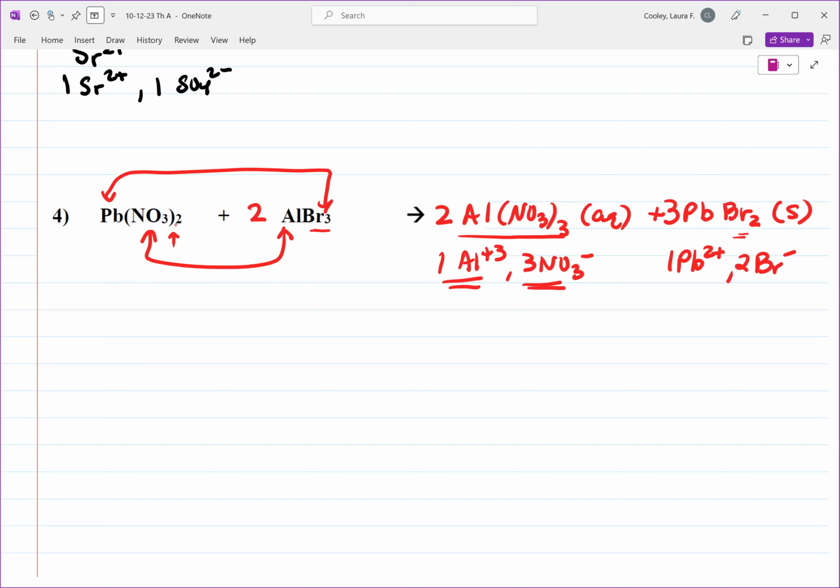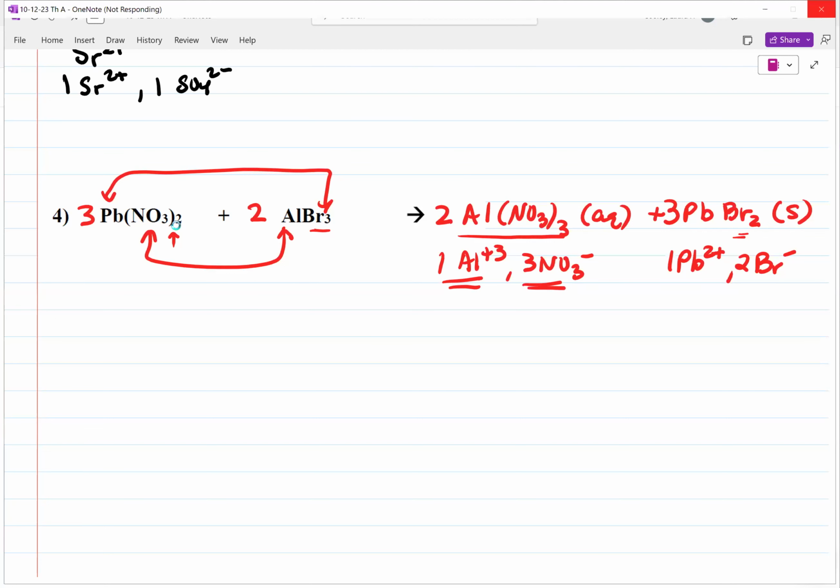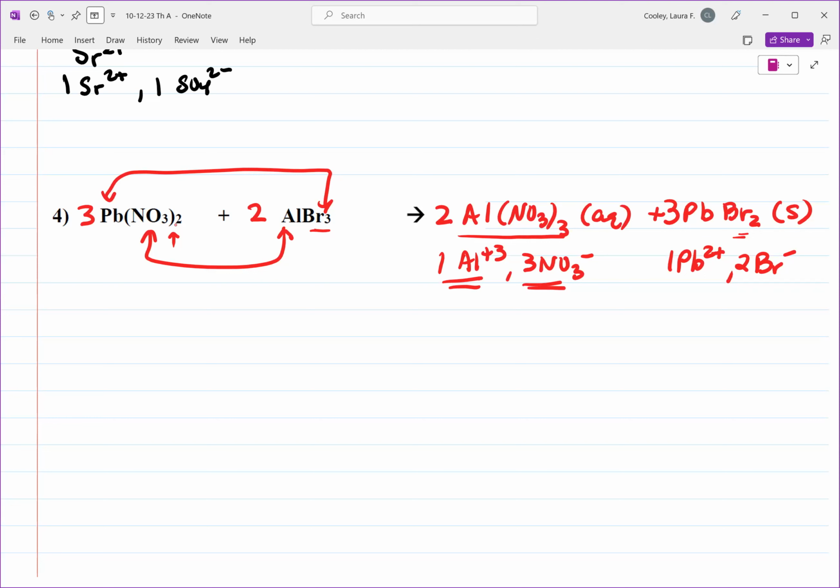So you have 2 here, so you'd put a 3 here, and lo and behold, that works because you had 3 Pbs. If you do not have the right formulas, lots of times you could try balancing this thing forever, and you're going to pull your hair out. Make sure you have the right formulas based on the charges of the ions in that particular compound. Okay, I can't stress that enough.